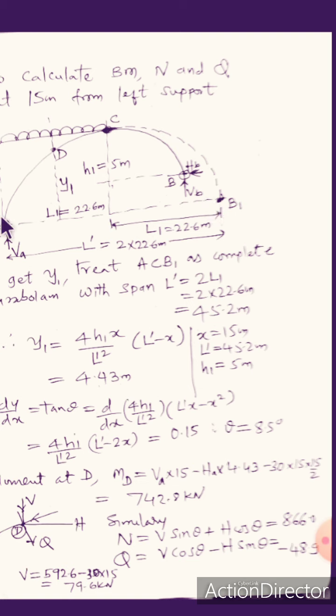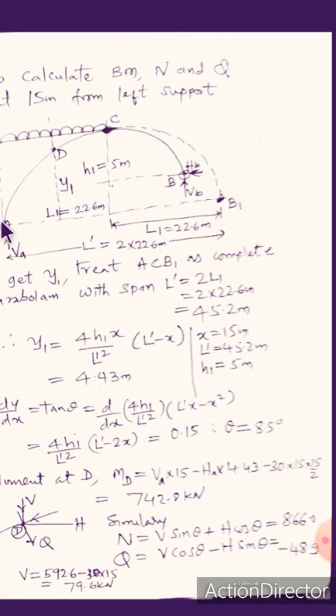So that is taken. Now see, for this curve which is ACB1, I can use the usual formula, which is y1 is equal to 4h1x by L dash square into bracket L dash minus x. You can see this formula has been regularly used for the full parabolic curve. Now we substitute all the values here. X is horizontal distance is 15 meter.